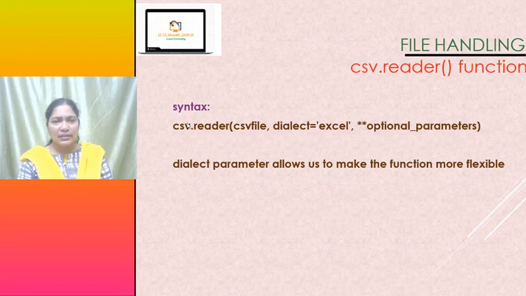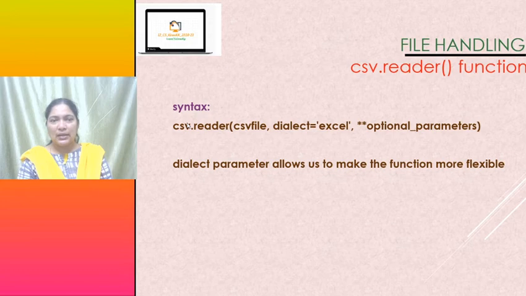What is a dialect here? Sometimes, instead of a comma as a separator, you may be using a vertical line, or sometimes a tab space. These are all different delimiters. So what is the separator we use for every field? If it is changing, then we use the dialect.